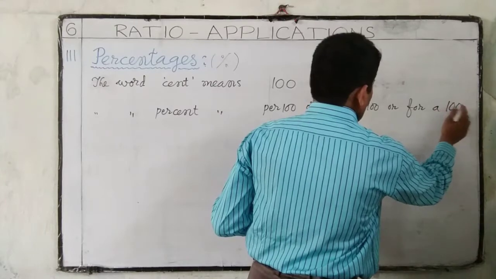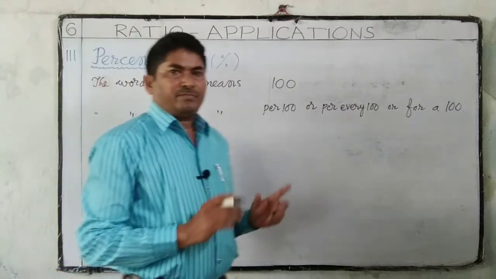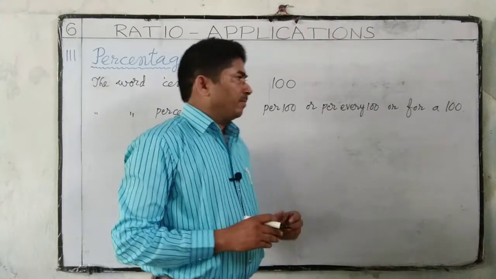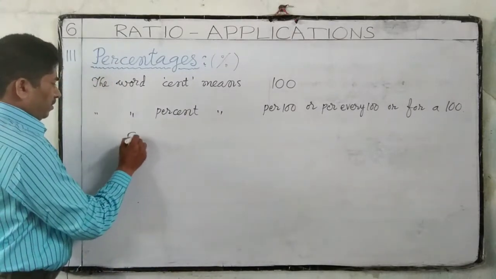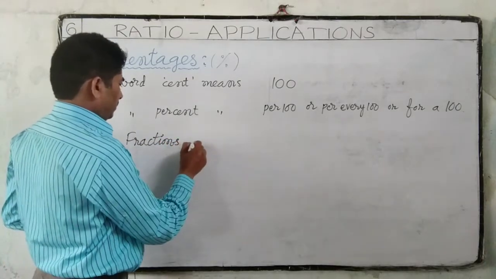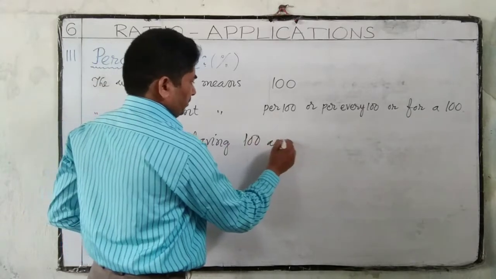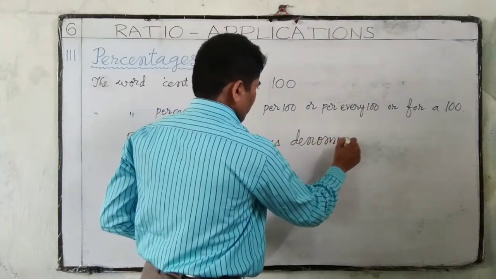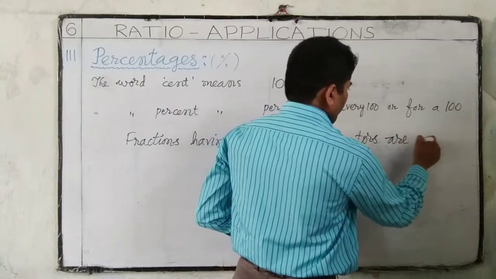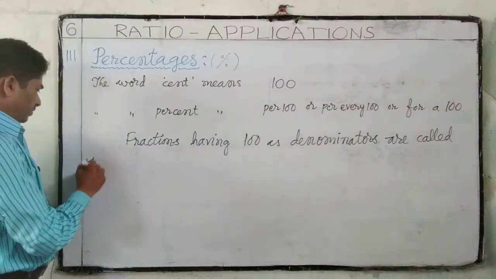The fractions having 100 as denominators are called percentages.